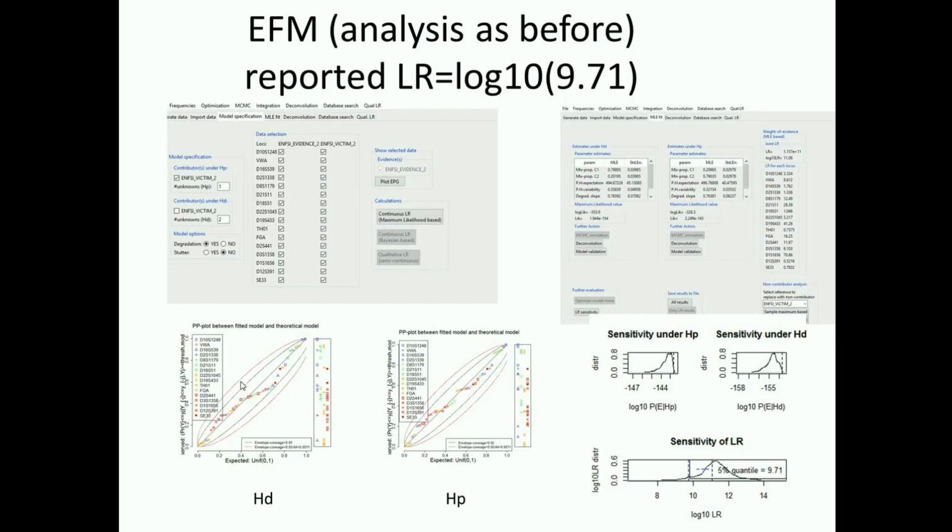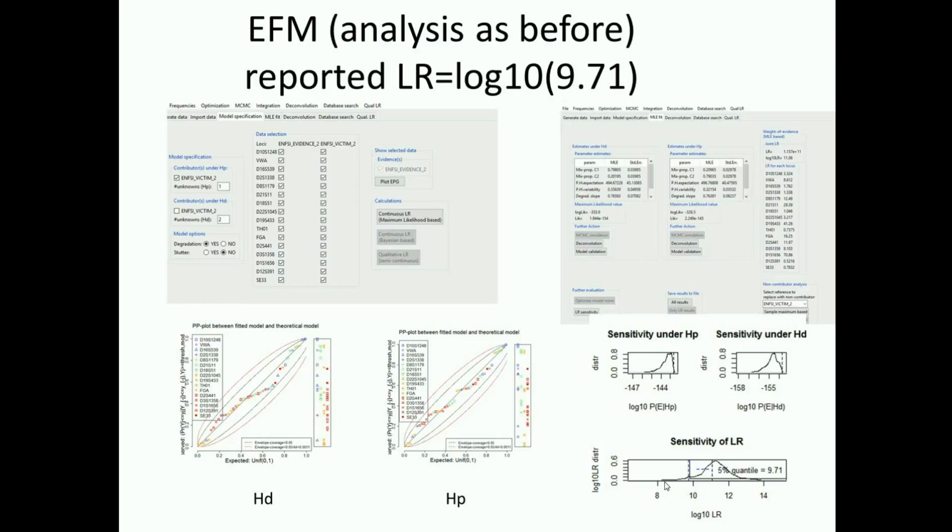And then we do exactly the same as before. We evaluate the model, we look at the PP plots, make sure it's a reasonable straight line in between the red envelope here. That's for the defence hypothesis, and for the prosecution hypothesis we do exactly the same. So we check to make sure these plots give us a valid model, which they do in this particular case, and then we carry out the sensitivity analysis over here.